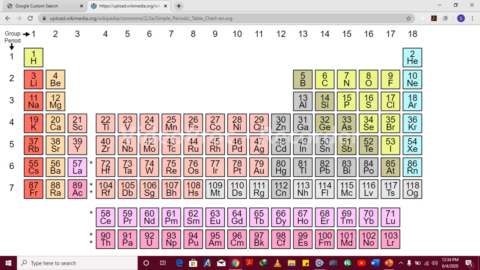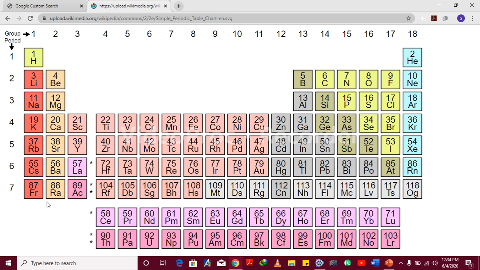Understand? Looking here, the first one is the alkali metals. These have one electron in the valence shell, and this is called the S block element, meaning the valence electron is in the S orbital. S orbital means a spherical orbital. And the alkaline earth metals belong to group 2A, and also belong to the S orbital.